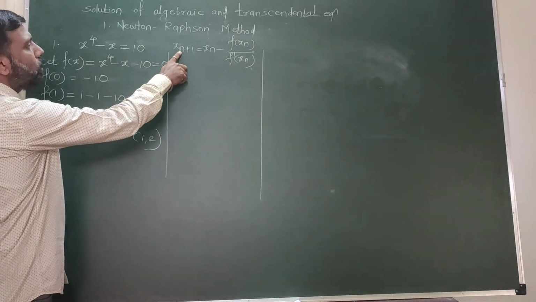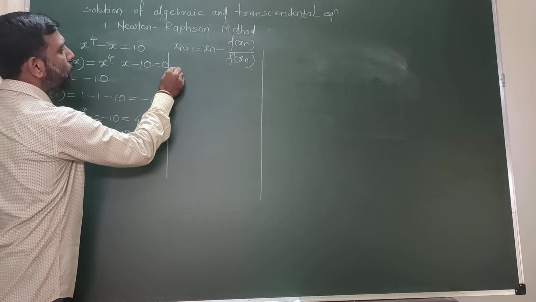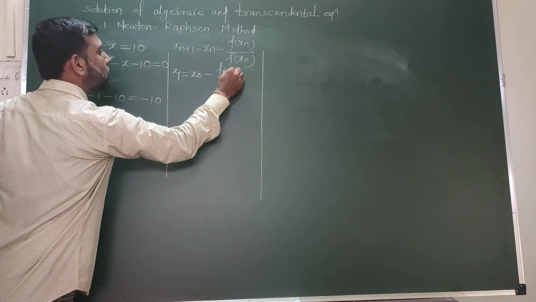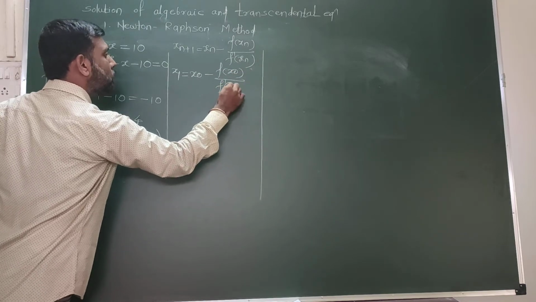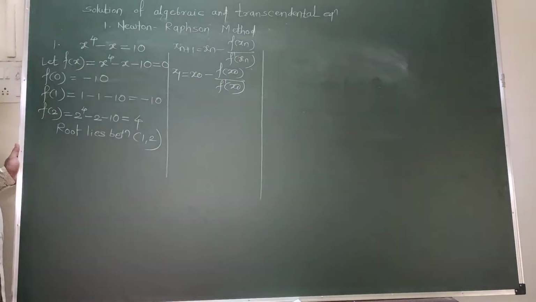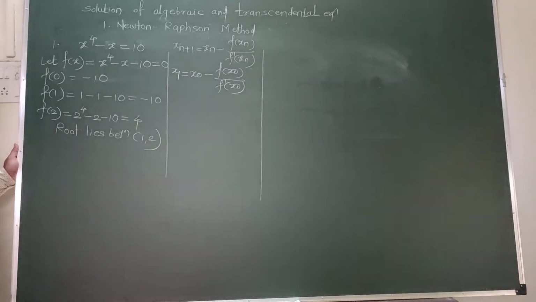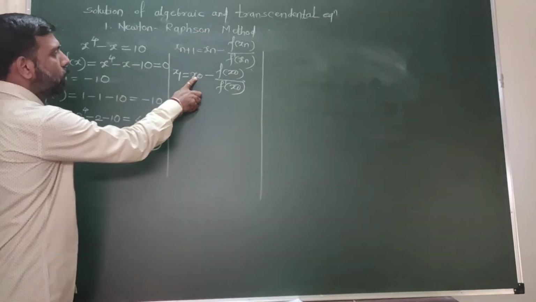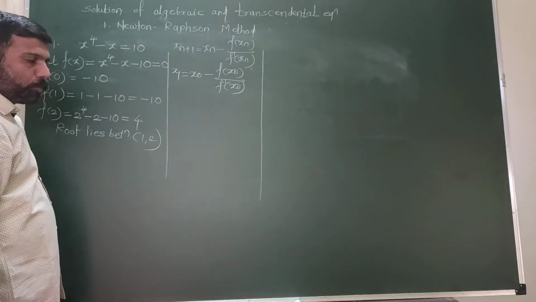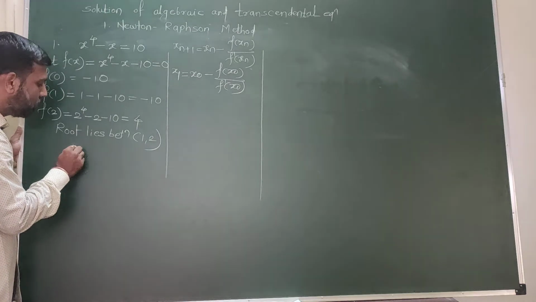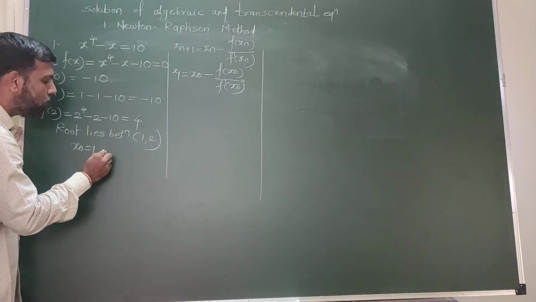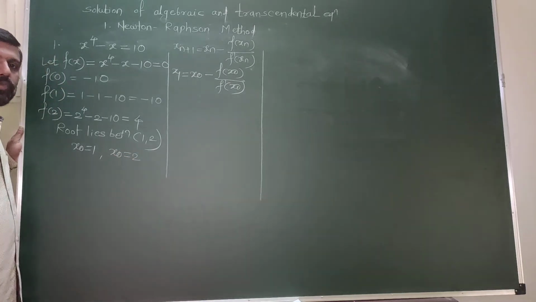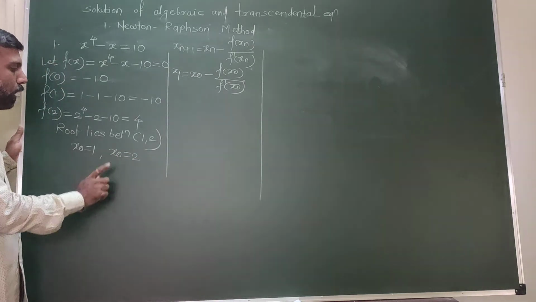Now in this formula, substitute n equals 0. So for the first approximation, we have x1 equals. What value of x0 do we have to assume? From this interval, x0 is 1 or x0 is 2. Any one of these two values we can substitute as the x0 value.